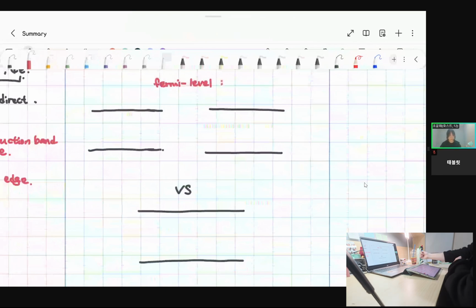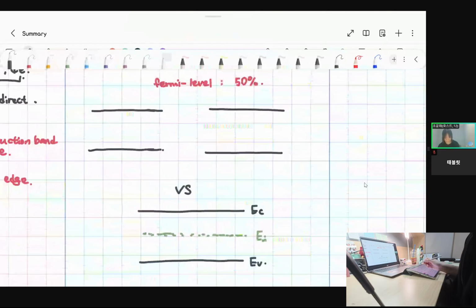The Fermi level means the level where the probability of an electron existing is 50%. So in intrinsic semiconductors, the Fermi level is just in the middle between the conduction band edge and the valence band edge. But if we dope it, the Fermi level is different from the intrinsic semiconductor.